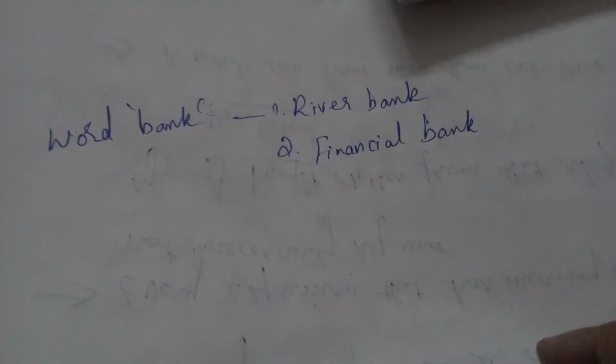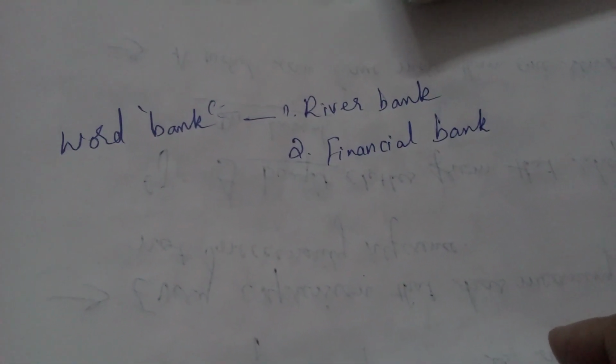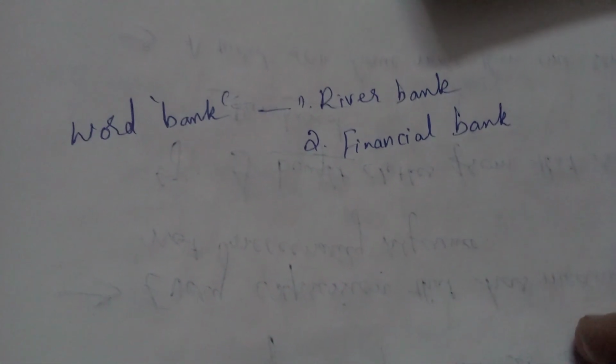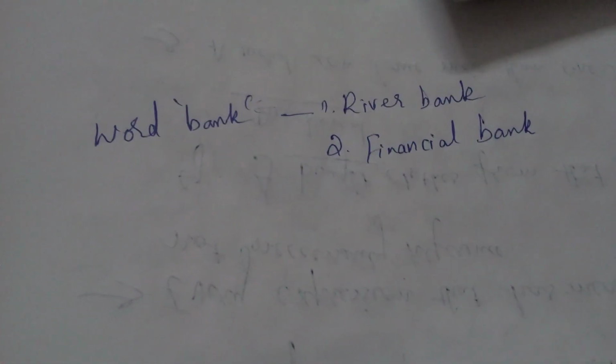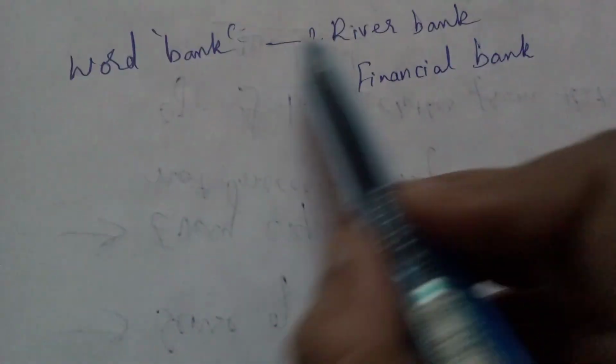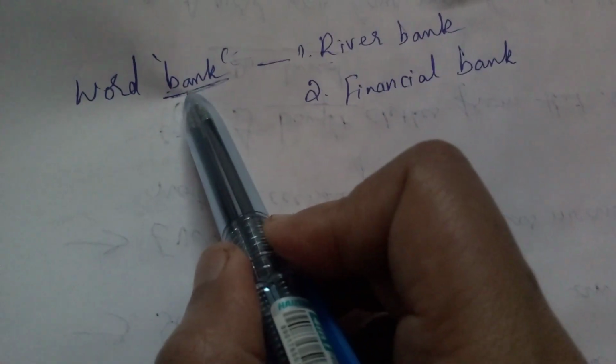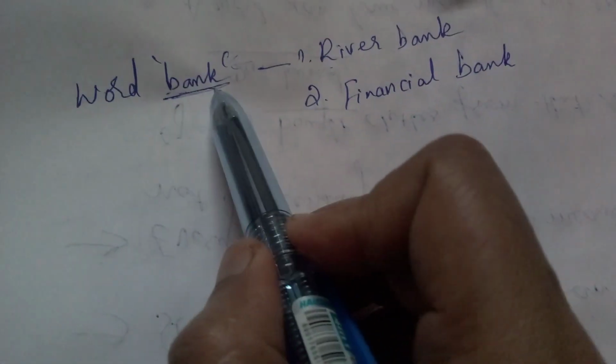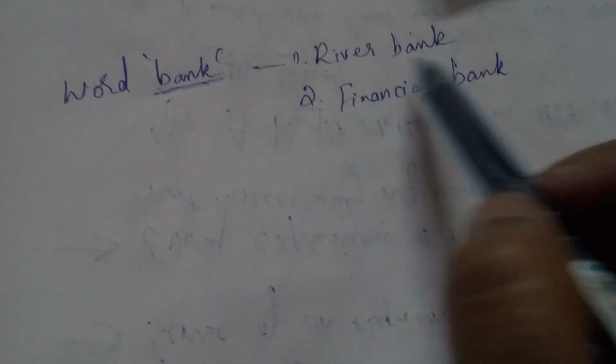In our previous example, I bought clothes from that shop, there bought and purchased have the same meaning, but here the same word bank has a different sense.